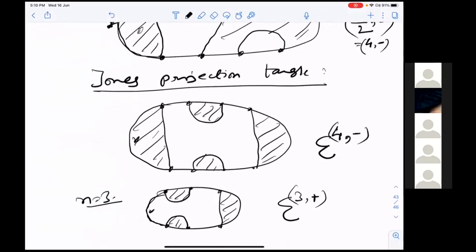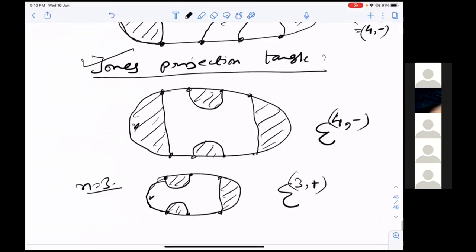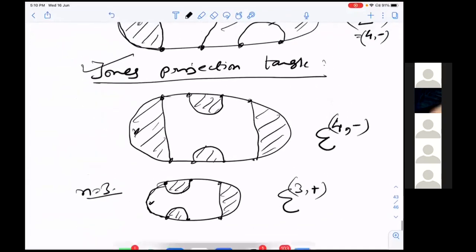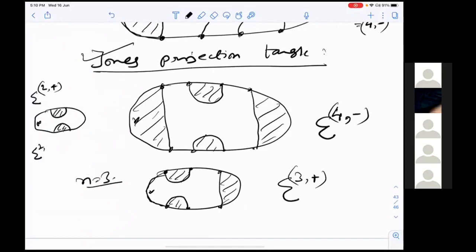These special tangles are called Jones projections, where, let me draw here, by epsilon 2 plus I mean like this. This is the star region, and this is the plus. This is epsilon 2 plus. Then what is epsilon 2 minus?